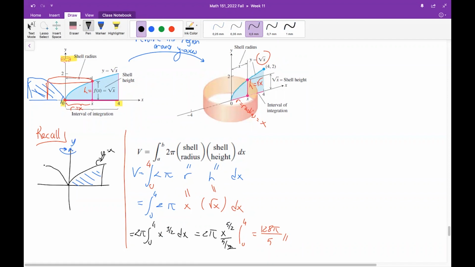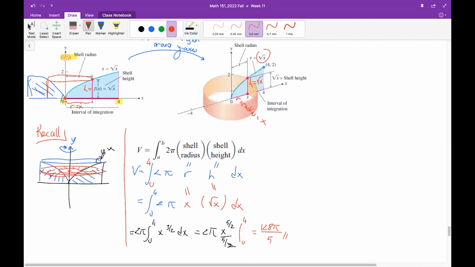After you revolve it, I obtain something like this. So this is the three-dimensional object, and I will be using horizontal rings to slice it. This is how you can use the washer method to slice your three-dimensional object.